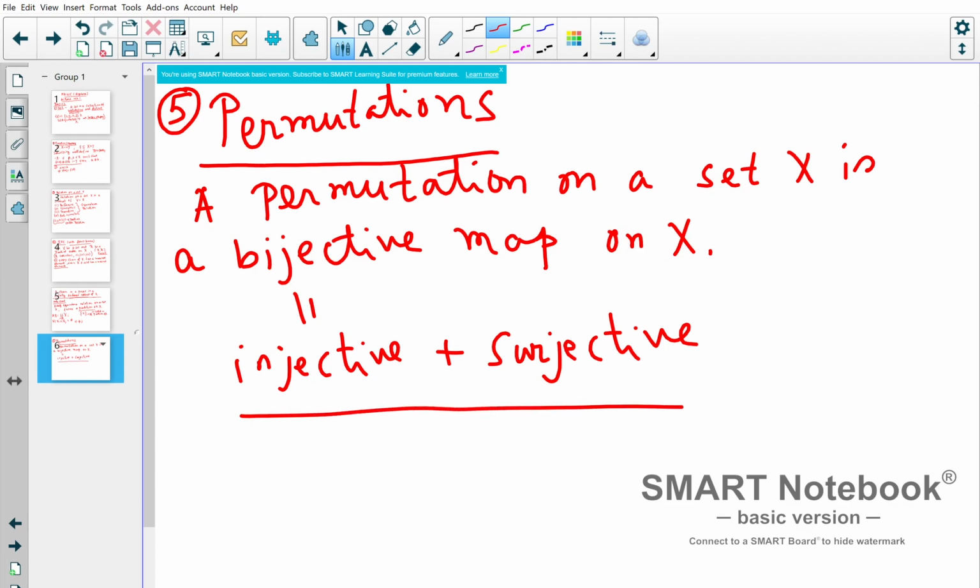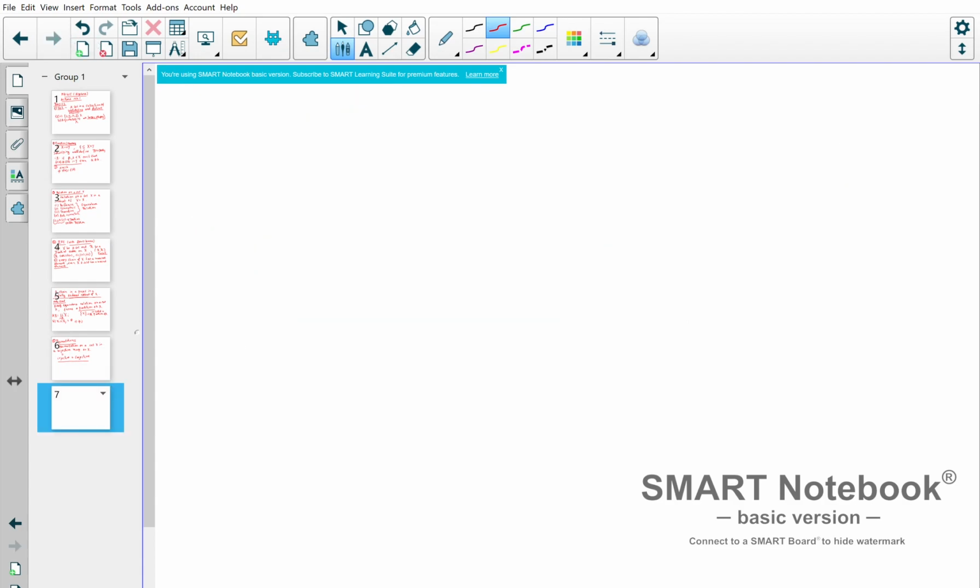Okay, so what does that mean? If you give me a set, any set, let me start with a finite set, then you can always define a permutation, a map from this to this. So for example, suppose you have the set A equal to 1, 2, 3.